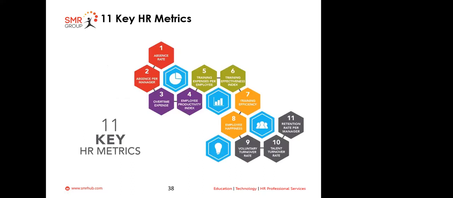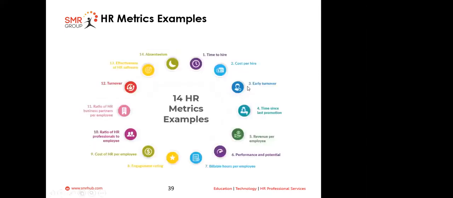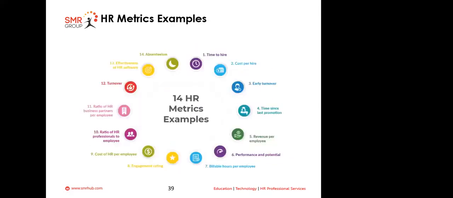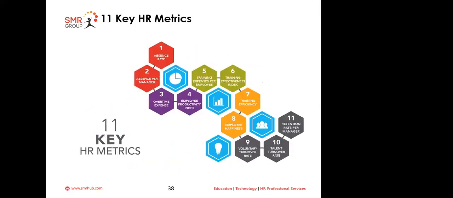Okay, now we want to move on to the key metrics of HR. There are 11 key metrics that we can look at, represented in this particular diagram. They are different representations, but they are essentially moving around the same things.